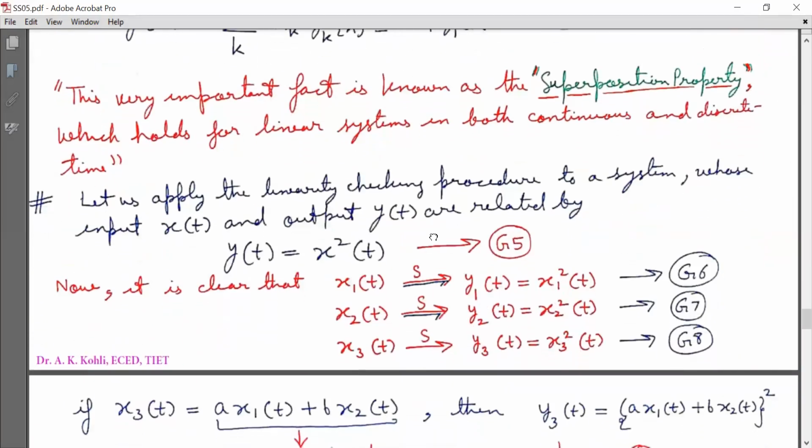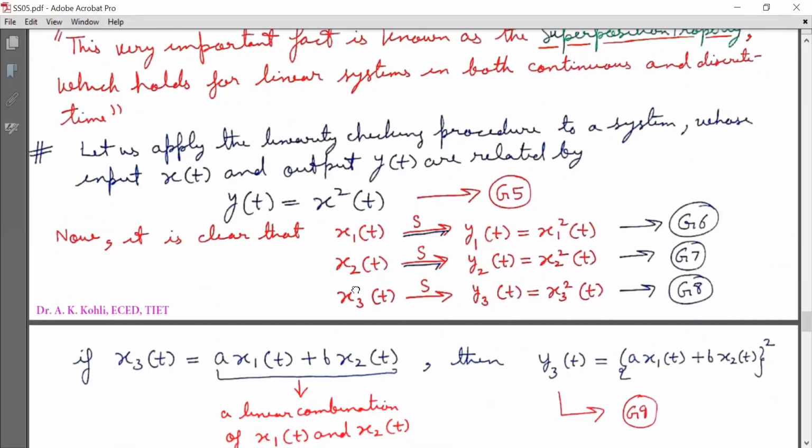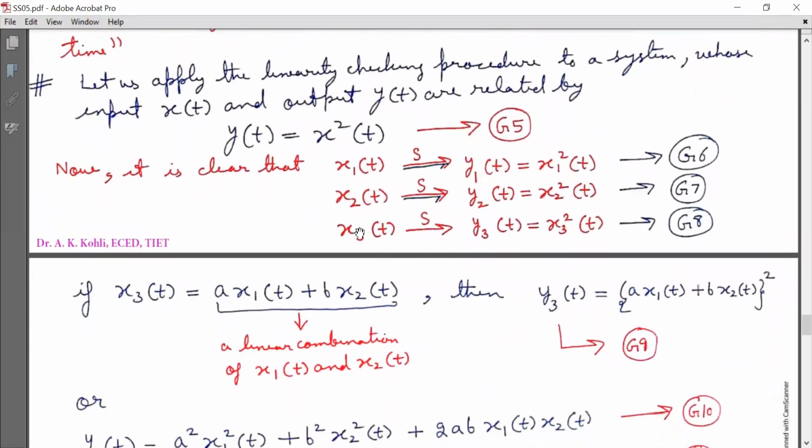Now let us apply the linearity check procedure to a system whose input x(t) and output y(t) are related by y(t) is equal to x square(t), marked as equation G5. When the input to system S is x1(t), the output is y1(t) equal to x1 square(t). If the input is x2(t), then y2(t) equals x2 square(t).